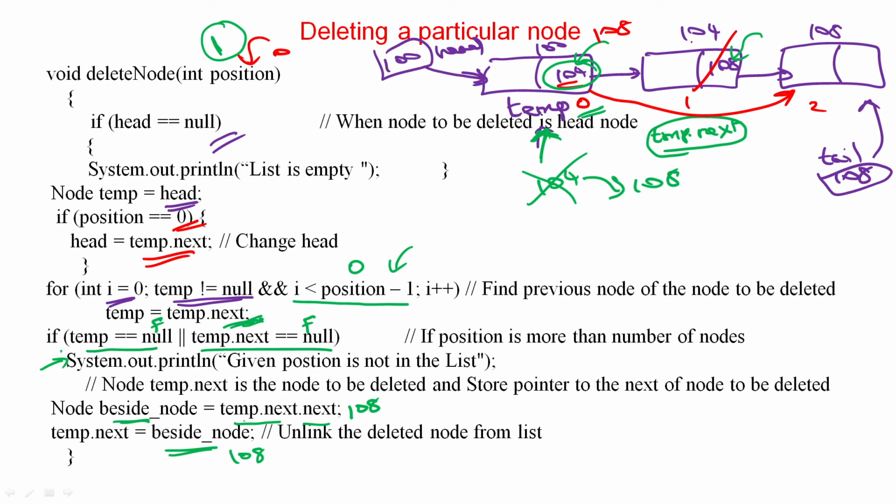So automatically the node available at position 1 is deleted. So this is the way to delete a particular node from a single linked list. Thank you.